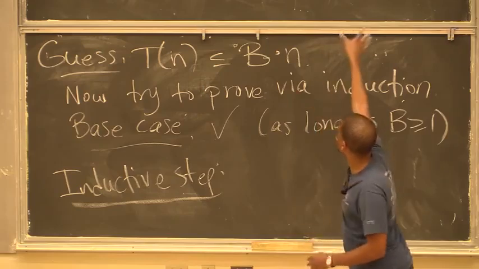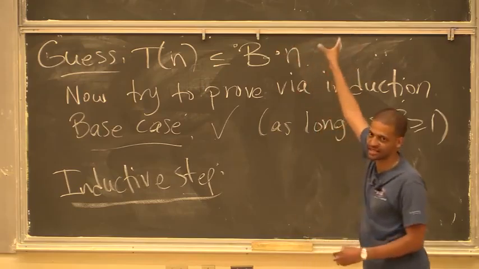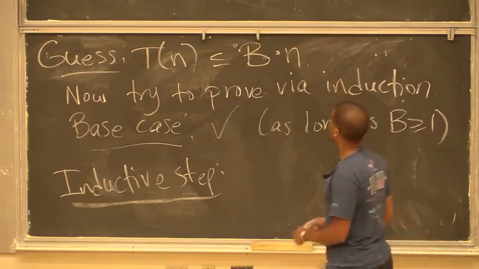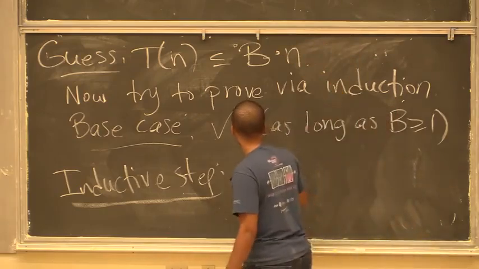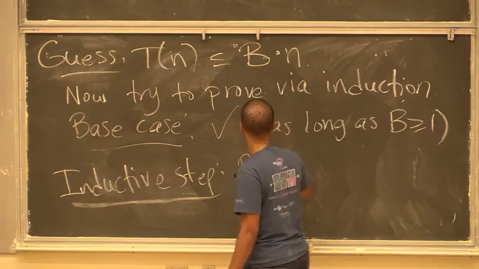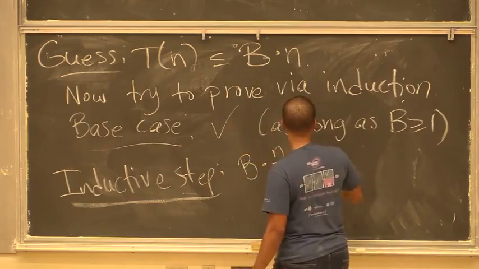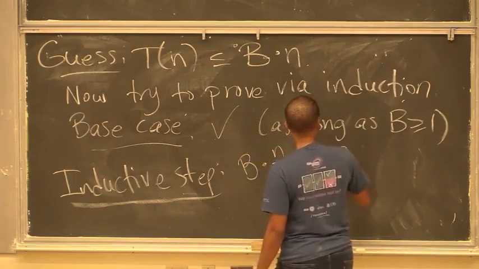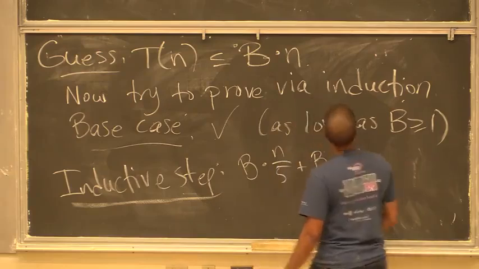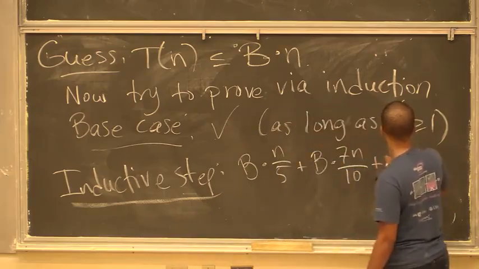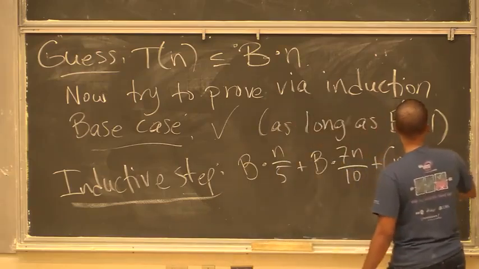So I just want to verify that this expression is less than or equal to b times n. So is it true that b times n over 5 plus b times 7n over 10, plus c times n, is at most b times n?